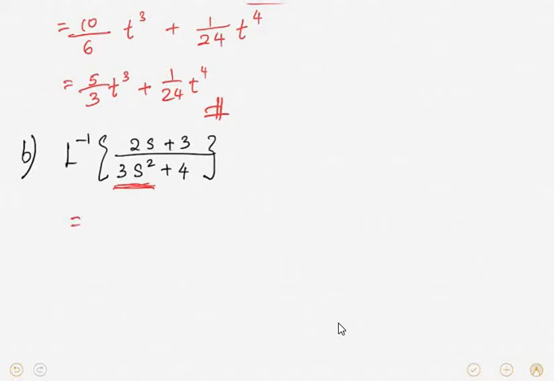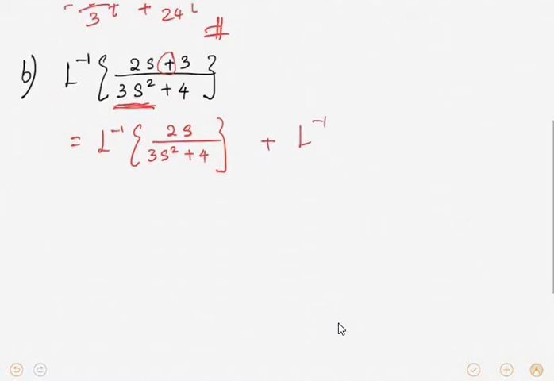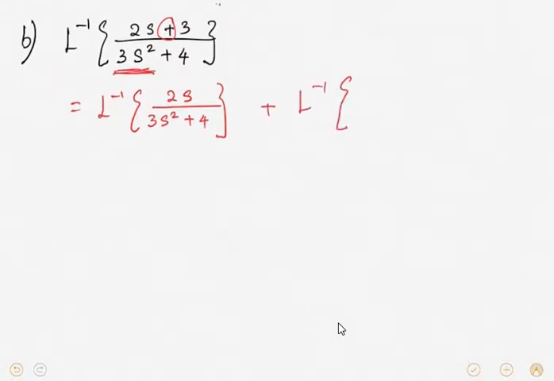So we have the inverse Laplace transform, and we separate it into 2 parts, since this is a plus. Now we divide by 3.